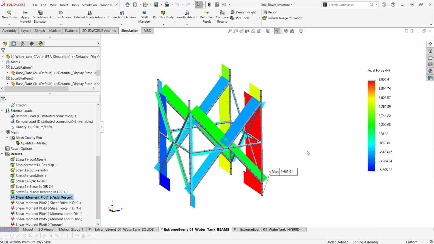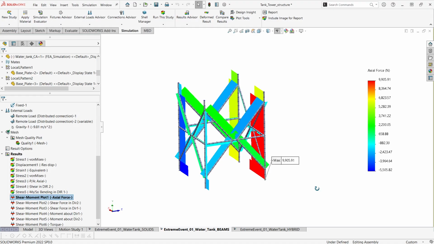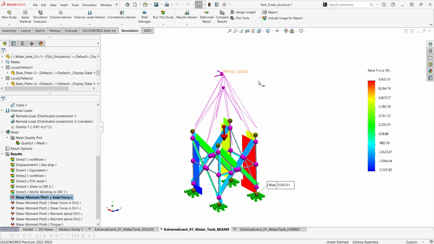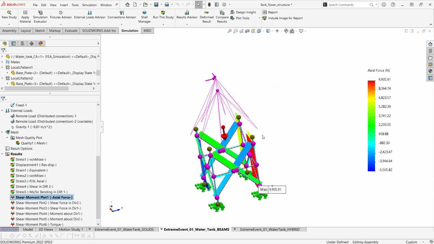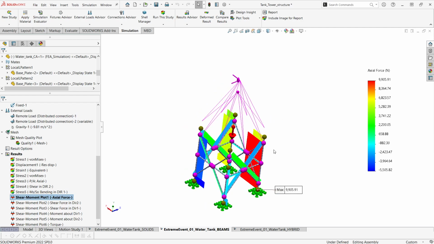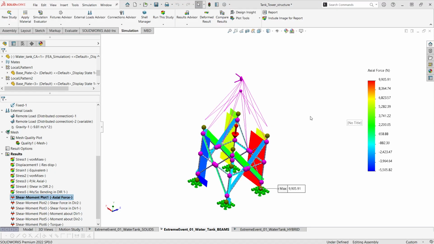By default, we know that the red color and positive values mean tension, and the blue color and negative values mean compression. But if I show you the loads we applied here, we can see the direction of the loads pointing to this pillar. This one and this one were pointing here. So we would expect that this pillar is in compression, right? So why is the software showing it in red and positive?